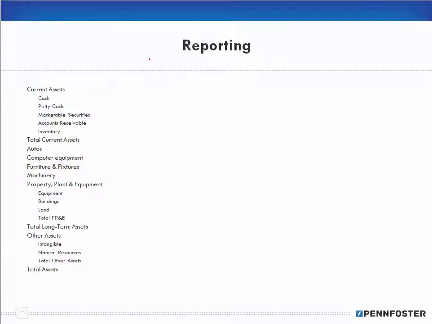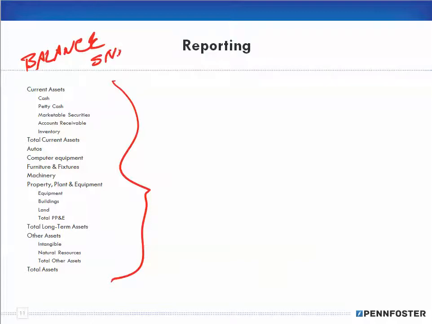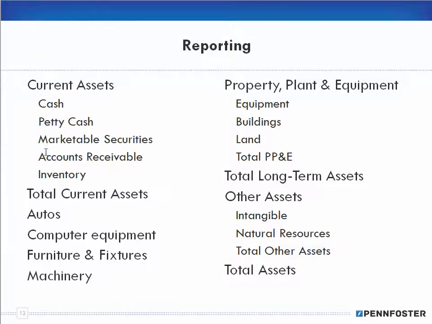On this slide, you see the accounts as I've listed them. They're hard to read, but this represents our balance sheet. So on this next slide, I've actually just broken them in half, so that's easier to see.